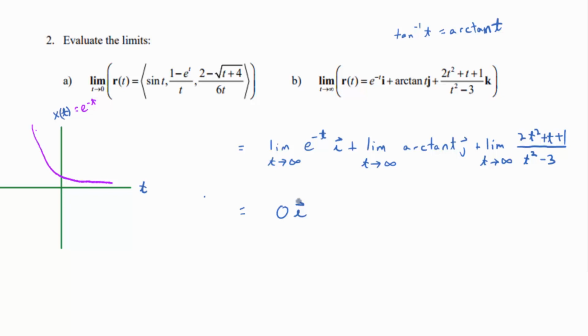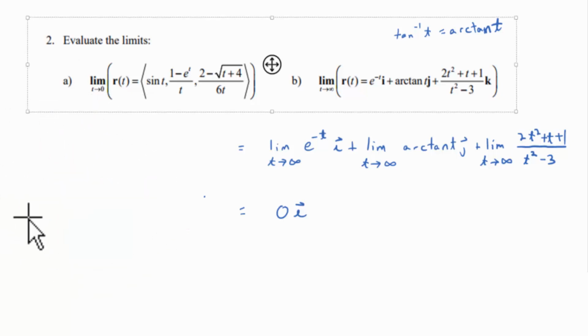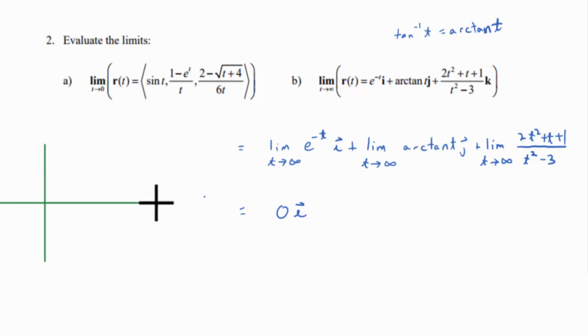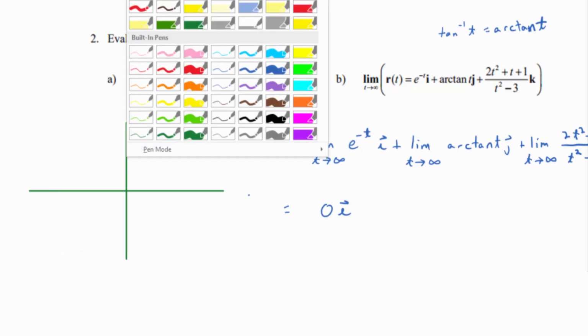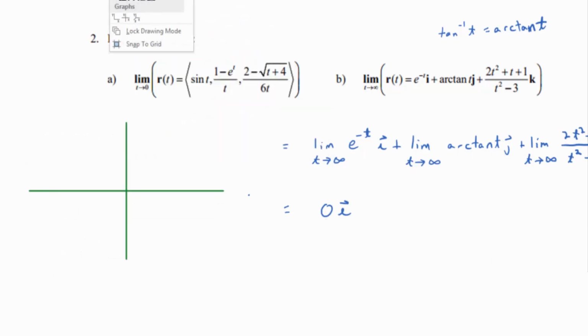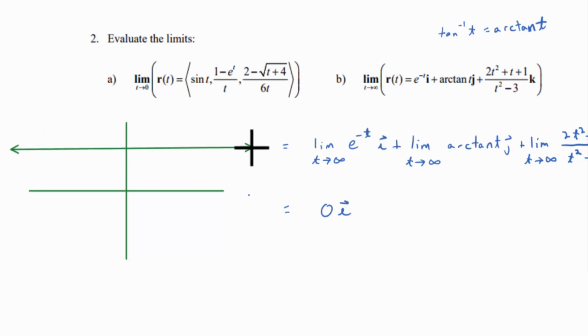What about the limit of the arctangent or tangent inverse as t goes to infinity? It has an asymptote that it approaches as t goes to infinity. It's pi over 2. So if I were going to draw a picture of that, let me erase this one. If you need reminding of what it looks like, you can always graph these two-dimensional guys in your calculator, right? So it actually has 2 asymptotes.